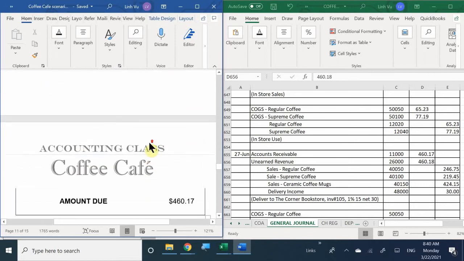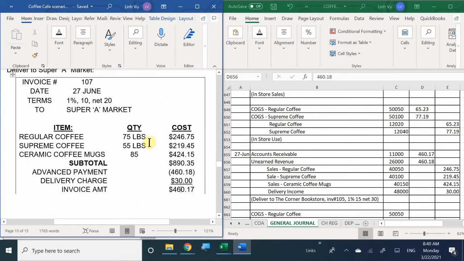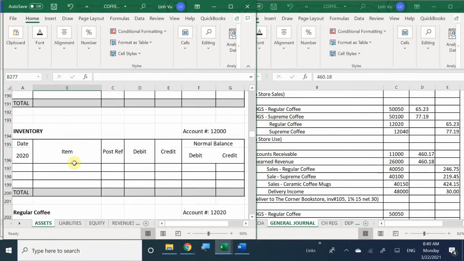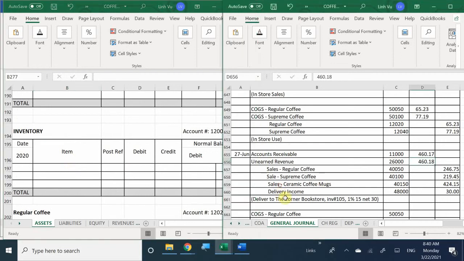All right. So what should we do now? Ledger. Okay. So we're gonna first do our accounts receivable. We should update our comments first. From the corner bookstore. Oh, that's right. It should be Super A Market invoice 107.